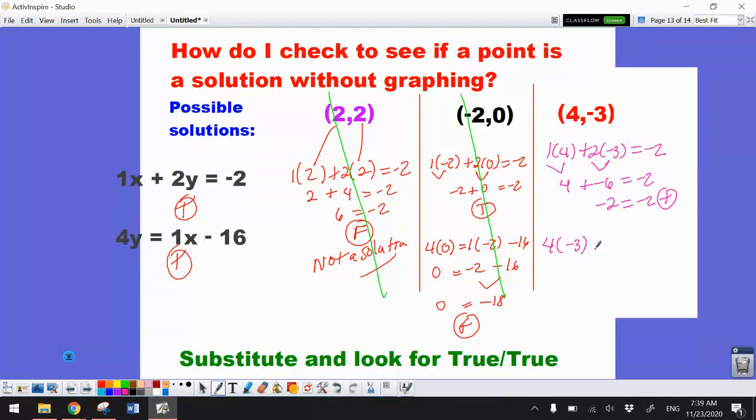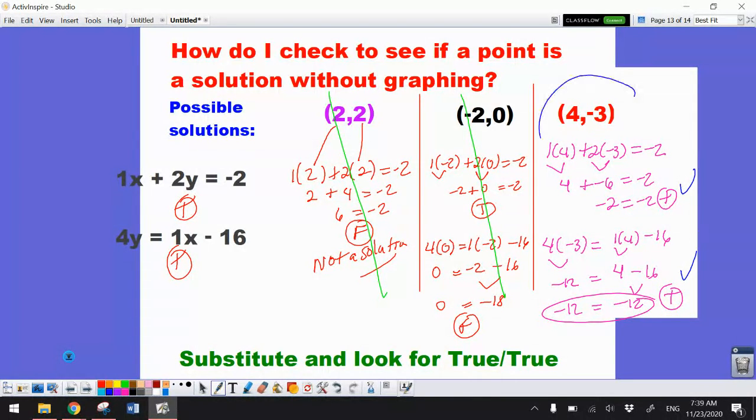Okay, so I'm going to substitute in the -3 for y. 1 times 4 is 4. 4 minus 16 is -12. So I see those two match. So that is true. So the solution, like I said, has to be true, true. So the only one that has true and true is the 4, -3.